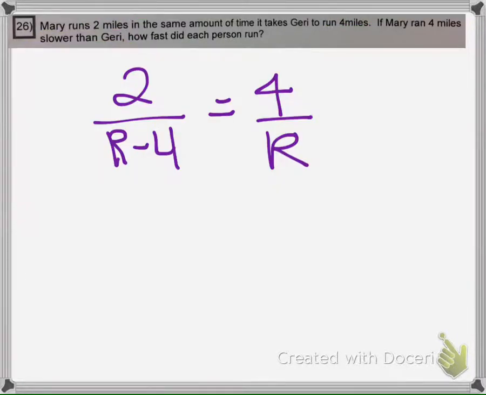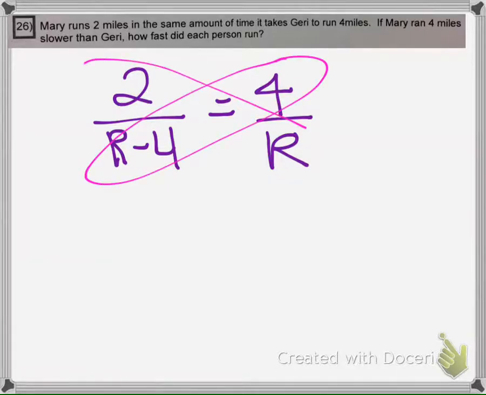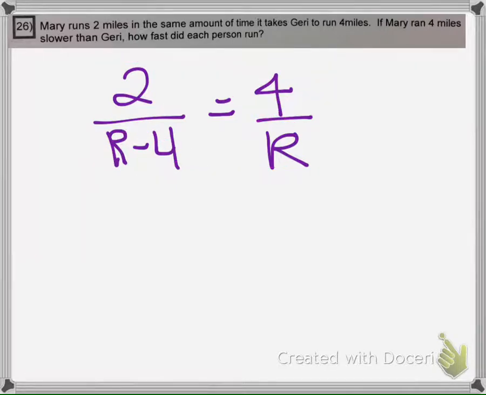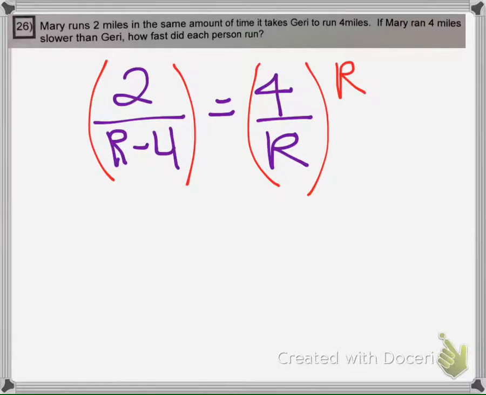Okay, so I'm going to solve the equation. There's a couple ways to do it. Again, you can use cross products, so you could do 4 times R minus 4 and 2R if you've seen that before. Now, utilizing Chapter 7 of this class, we could also solve it by multiplying both sides by the common denominator. So we need to figure out the least common denominator. If I put an R on both sides, this ends up canceling with this, right?